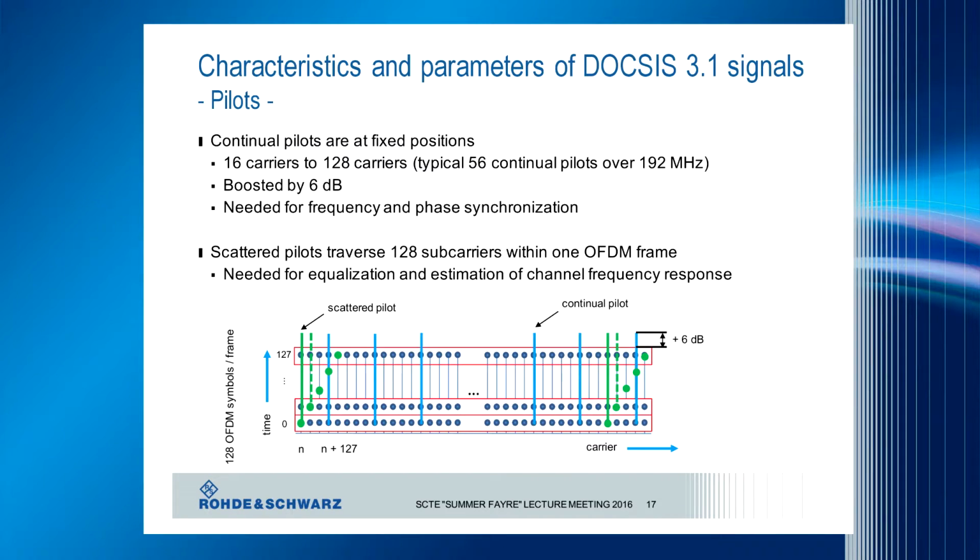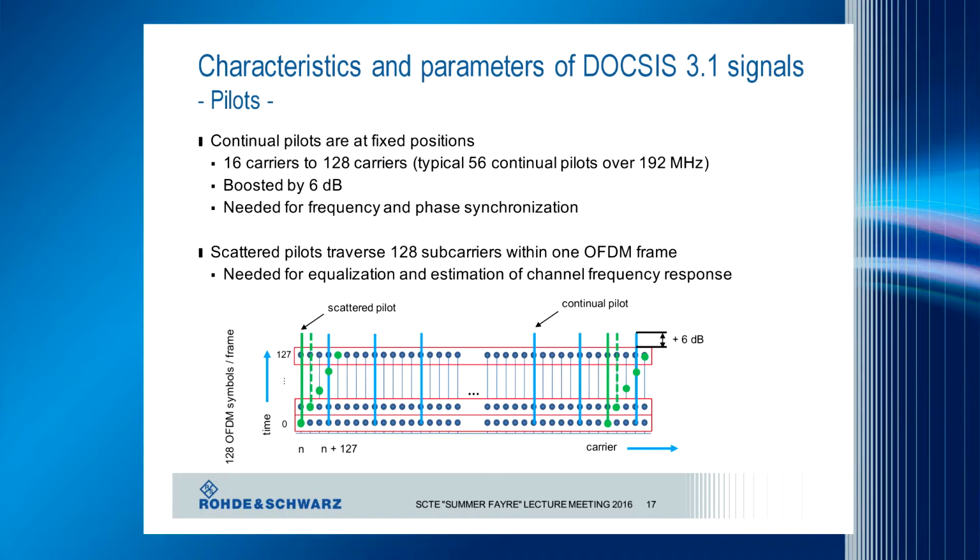What does it mean? Here, meanwhile, the very well-known drawing of the subcarriers. So it could be carriers or frequency here, and the OFDM symbols again. And here you can see that we have continual pilots on dedicated positions.